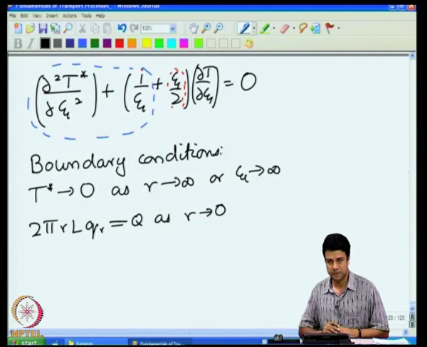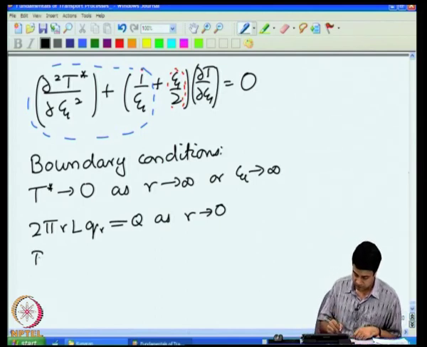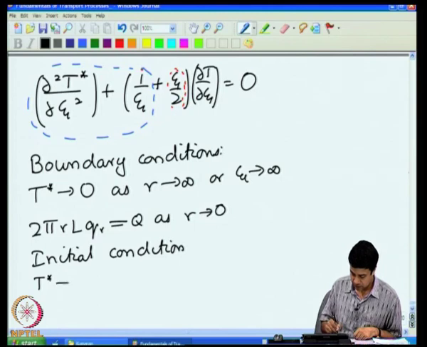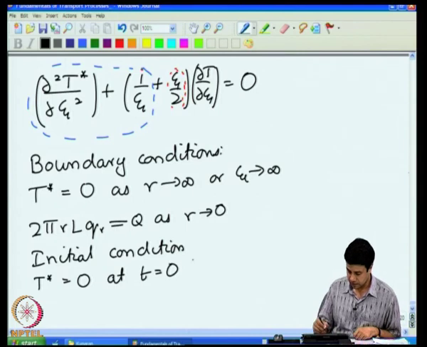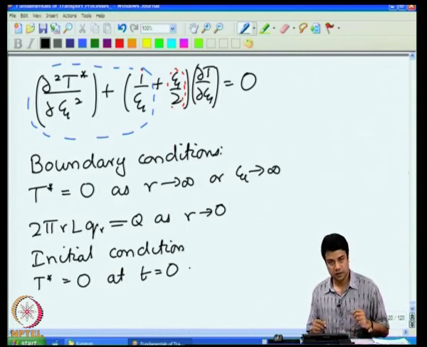And the initial condition: T star is equal to 0 at t equal to 0, at finite r. Note that psi was equal to r by square root of alpha t.